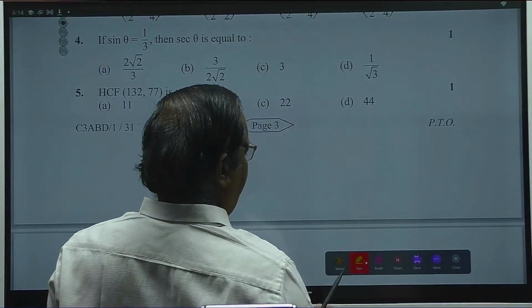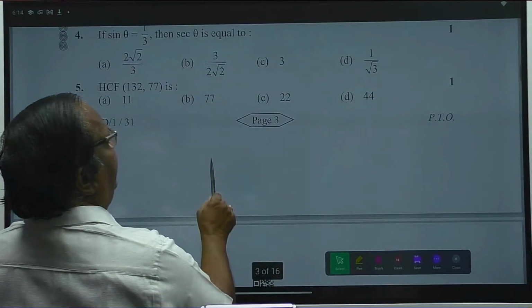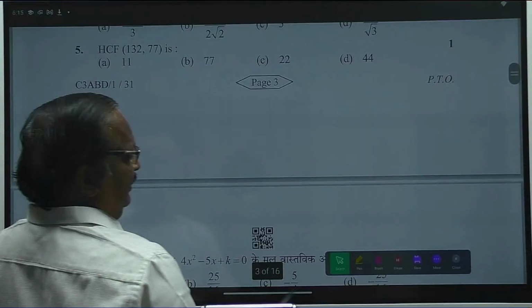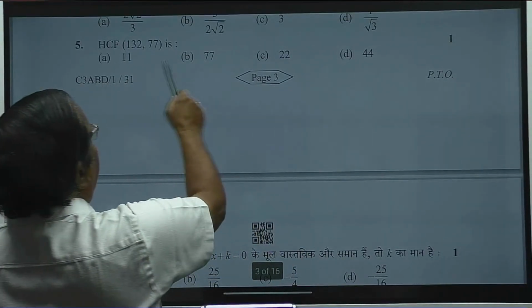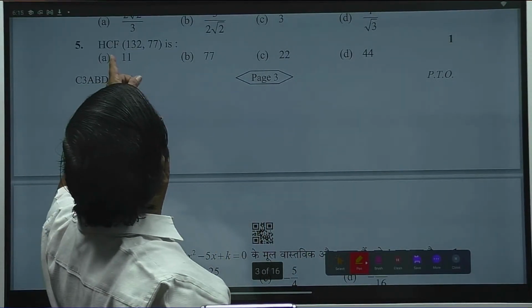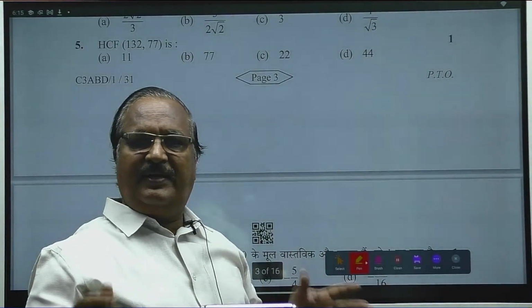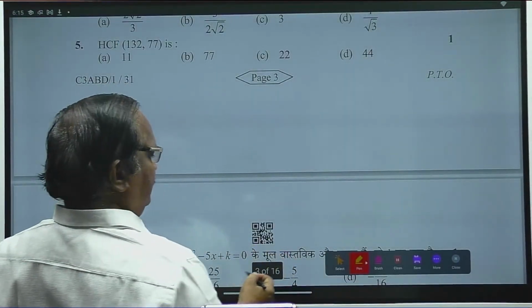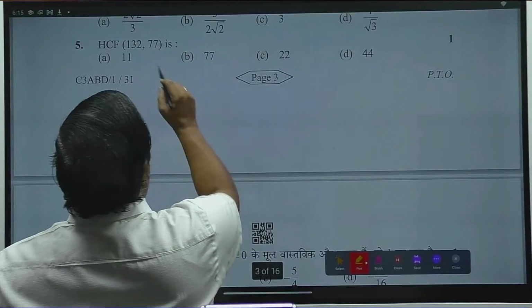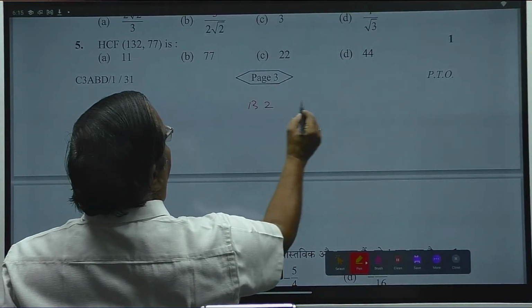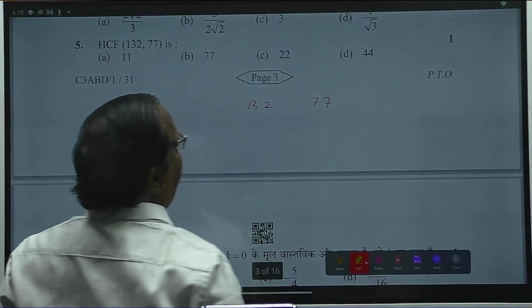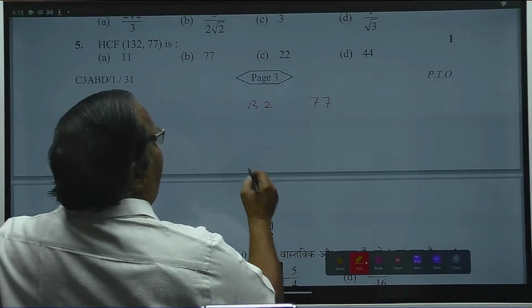Now let us go to question number 5. This is real numbers, first chapter. HCF is a direct question. All basic maths questions are very easy. So now let me directly do 132 and 77. Okay, you can do it directly.